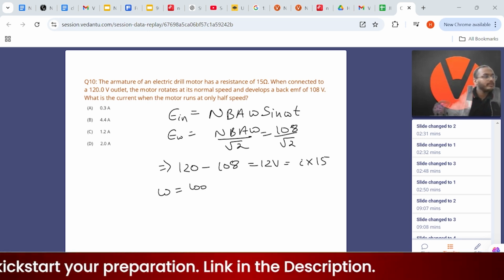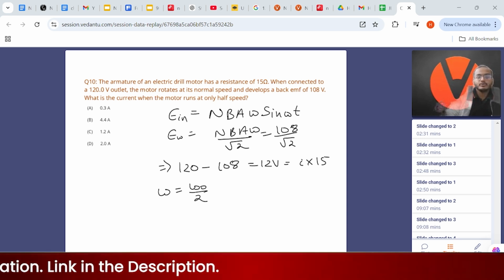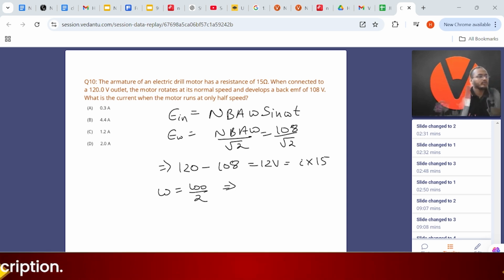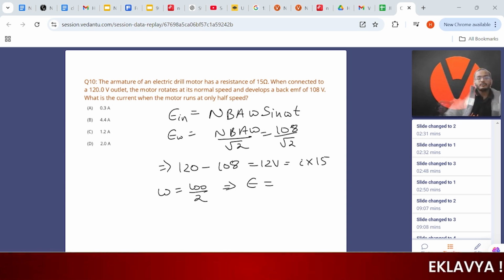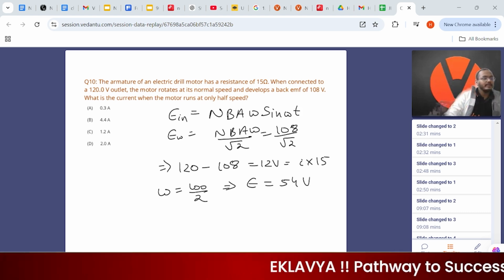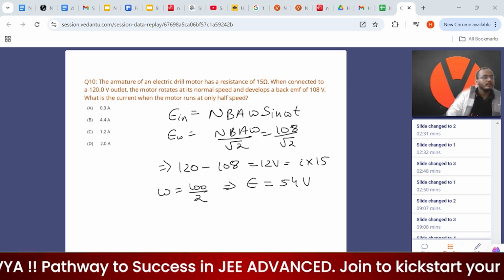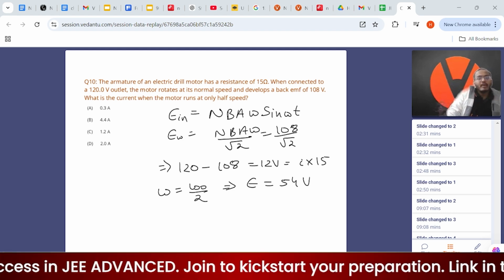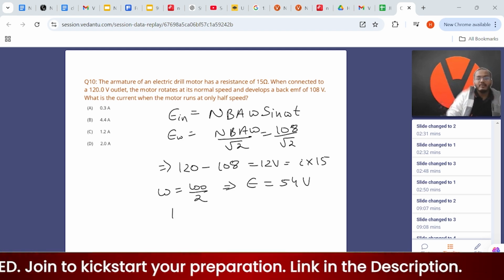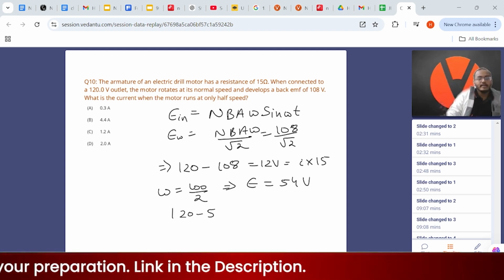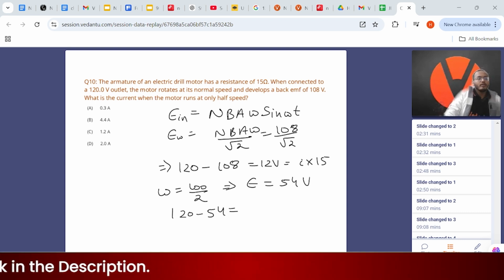Now, omega will be equal to omega naught by 2. Why? Because now our speed is half. So from here, I can say that E will be equal to 54 volts. So the back EMF will be 54 volts. So 120 minus 54 will be equal to 66.